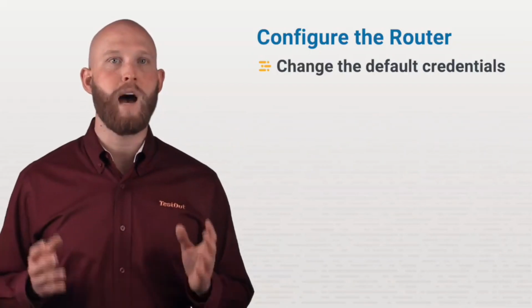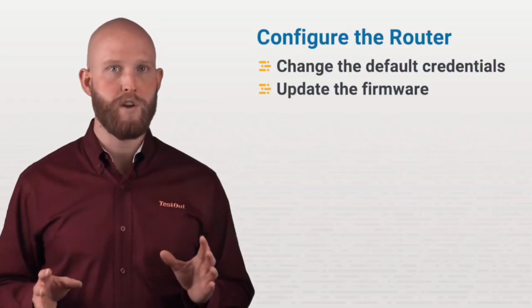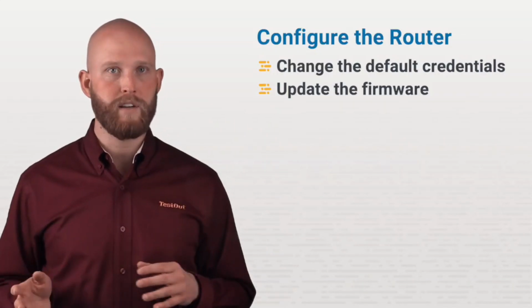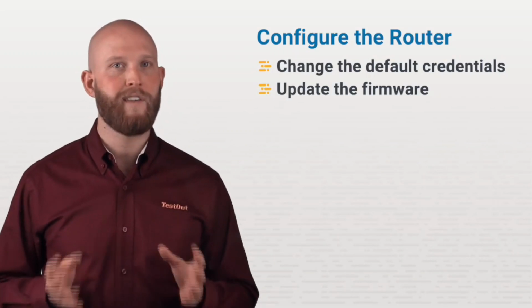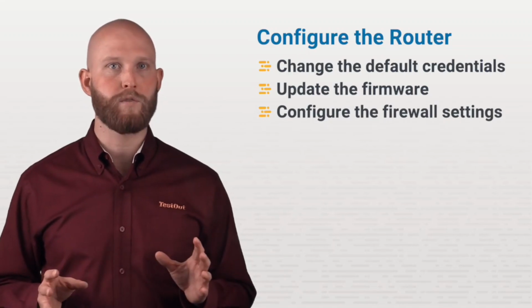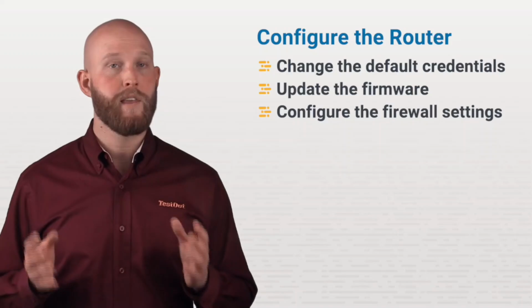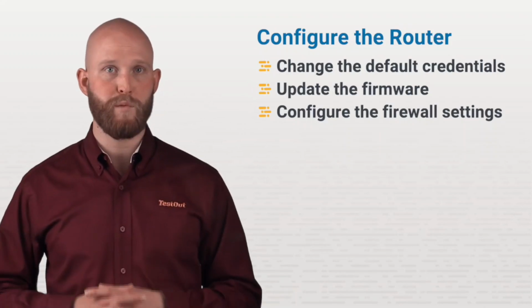The next thing you should do is update the router to the latest firmware version. Even though the router might be brand new, the firmware update will fix bugs, security vulnerabilities, and might even add additional features. And finally, configure the router's firewall settings. Most SOHO routers will have an integrated firewall feature that blocks external attacks. Make sure the firewall is enabled and configured properly.